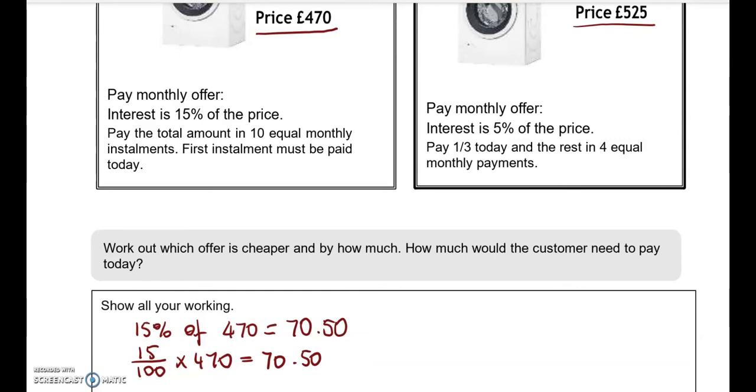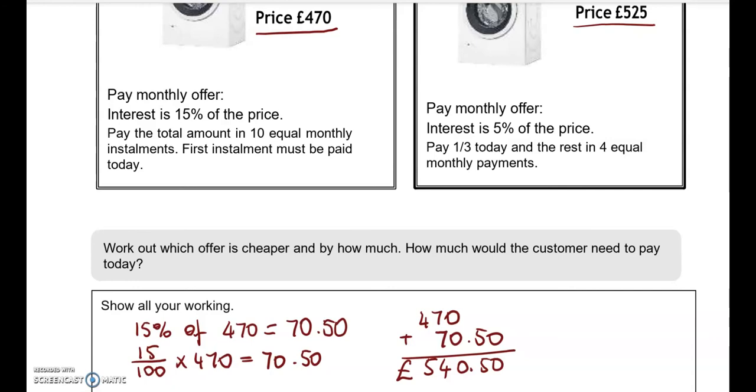So this means that this is going to be added to the 470. So 470 add 70.50, £540.50. How much would be paid in total using the first offer?